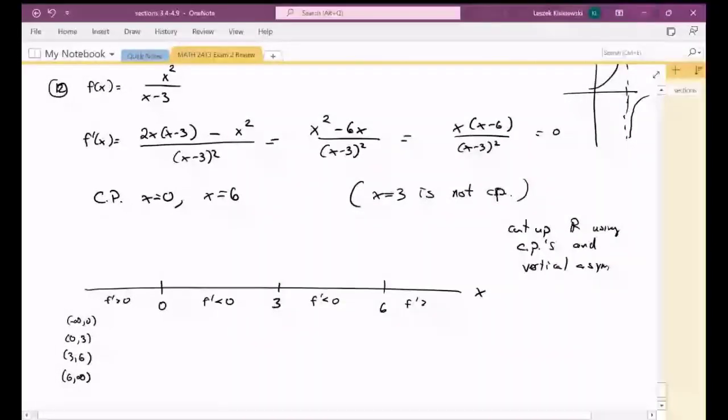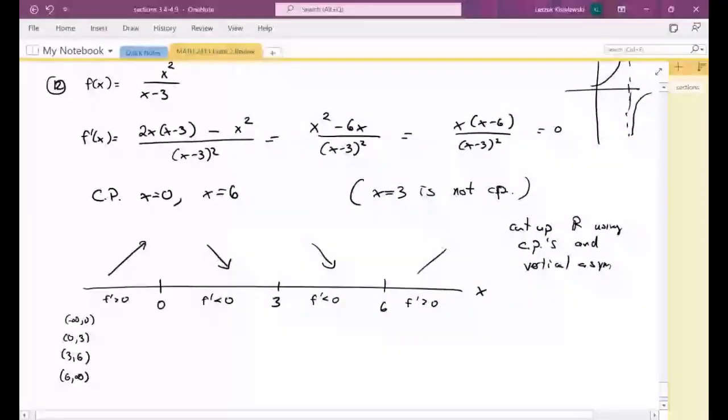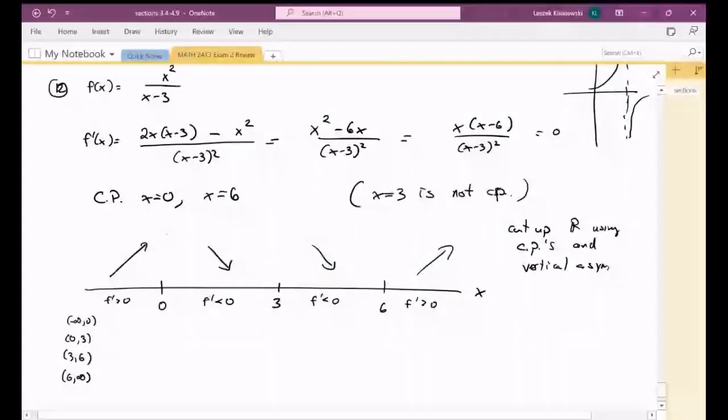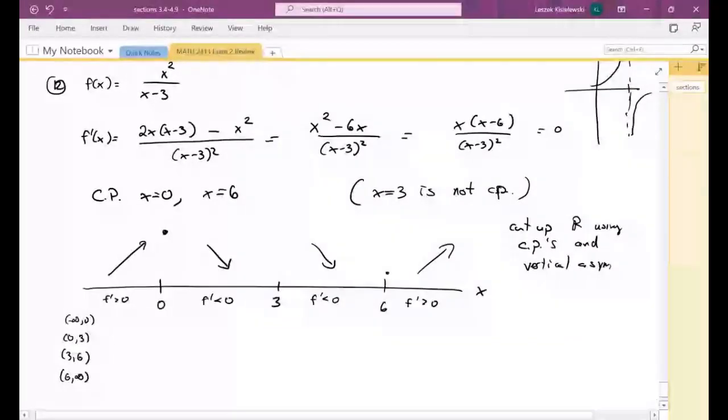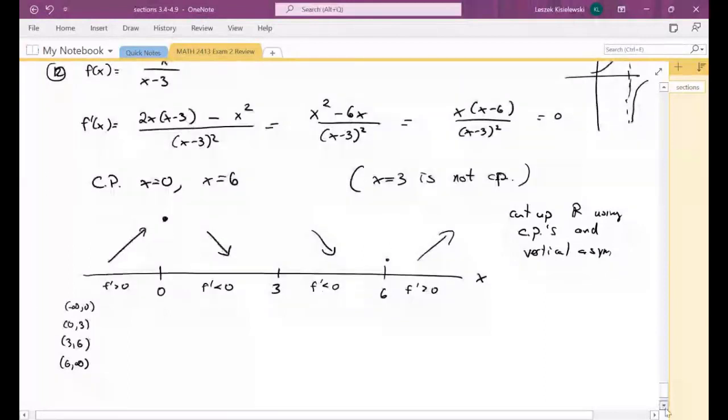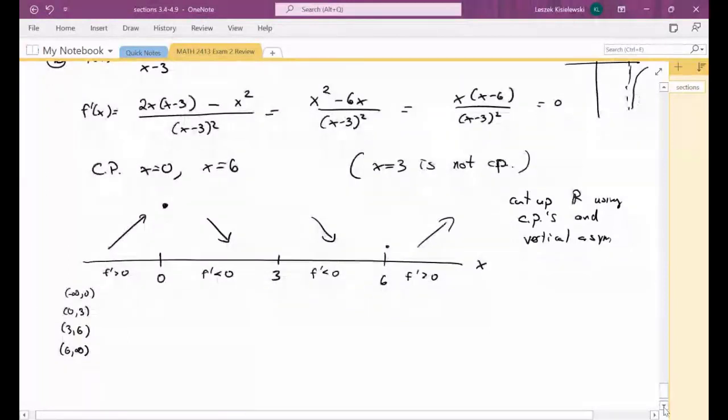So the function is increasing, decreasing, decreasing, and then decreasing. So you get a local maximum at 0 and a local minimum at 6. And then you would go for concavity. Yeah, try concavity at home.